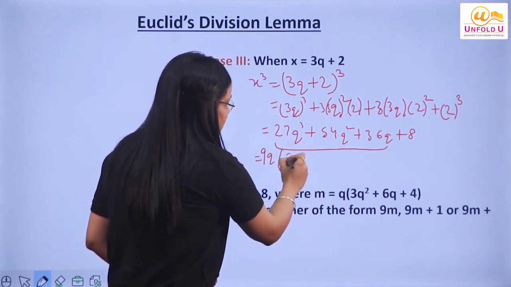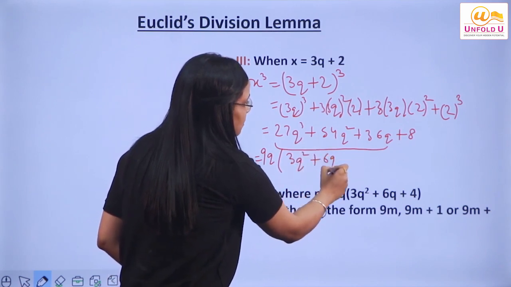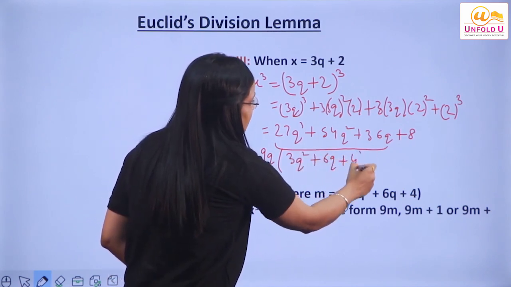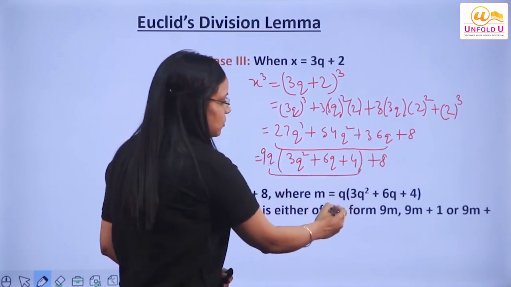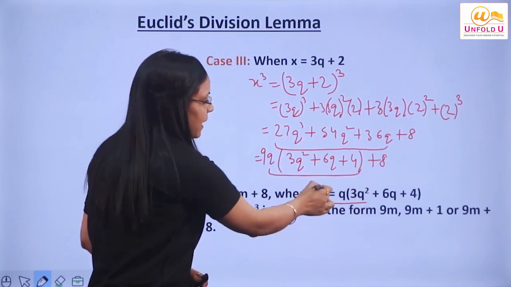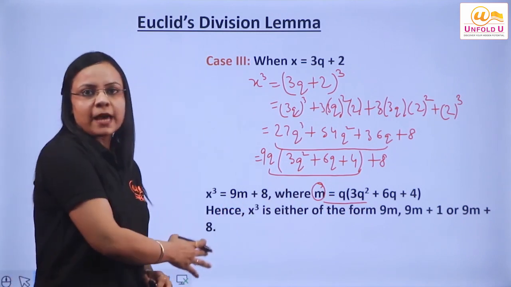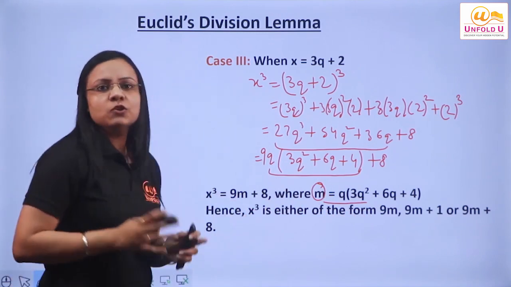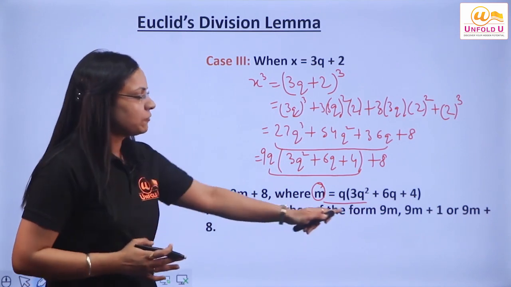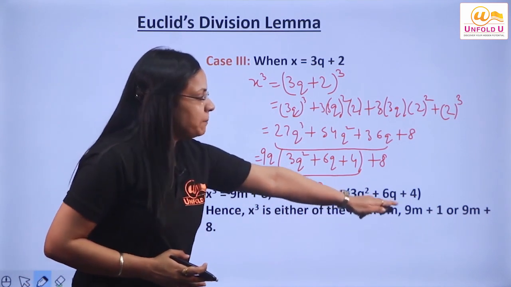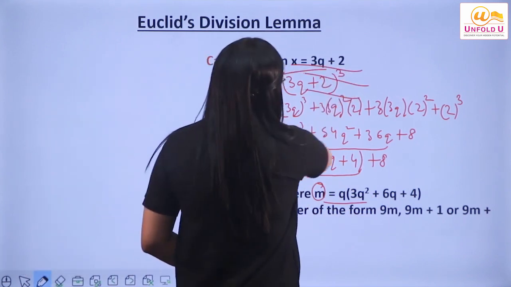So we get 3q square plus 6q plus 4, plus 8. We can put this equal to m. Finally we get x cube is equal to 9m plus 8. So in all the cases we found that x cube is of the form 9m, 9m plus 1 or 9m plus 8.